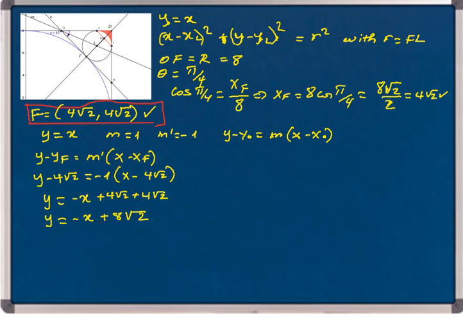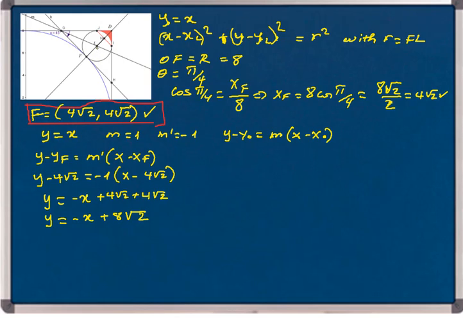Okay, so we have the equation of the perpendicular line, and we know that that perpendicular is hitting the square at G and H. So we have to find the G and H coordinates, and once we find that, we will know that the small circle here is inscribed in that triangle and the center is the incenter.